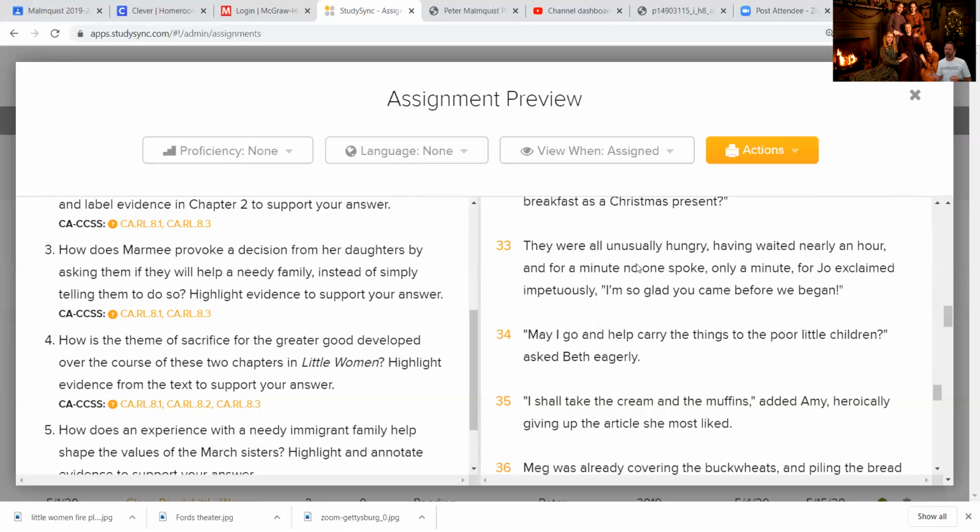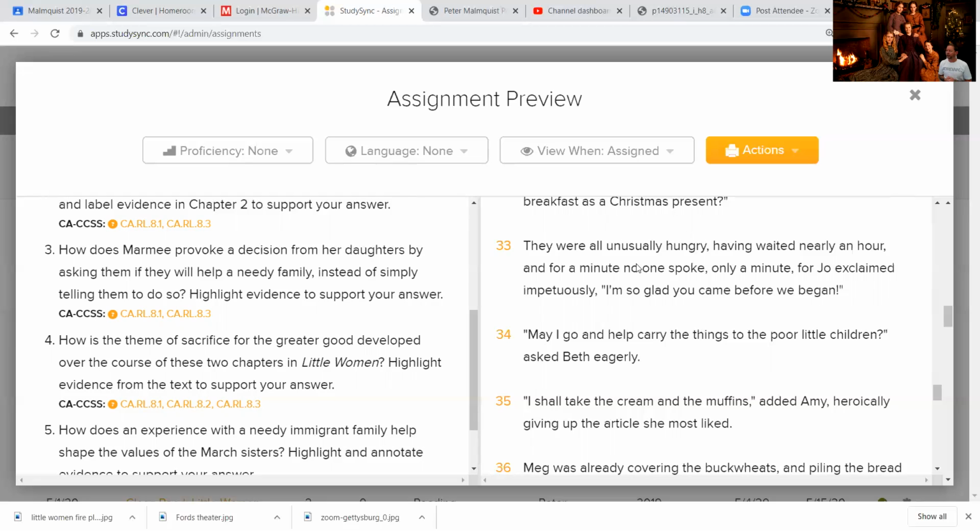But just the way she did it, she's giving the option to them rather than telling them, no, you're going to do this. It gives them the freedom to feel good about their decision because they're making the choice to give, okay? So again, paragraphs 34 and 35 are looking at that. So by agreeing to do it, they're more enthusiastic, right? Because it was their decision and it wasn't an order, all right?